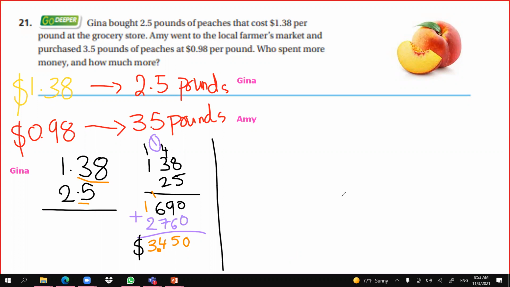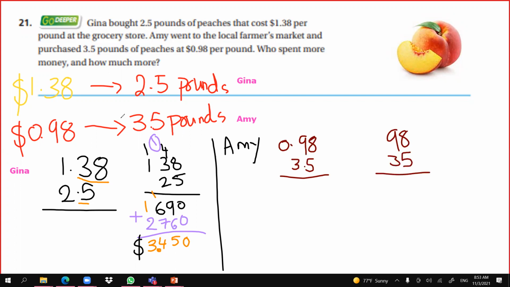I want now to find how much money Amy spends, or pays, for the peaches. What do you have to do? By 3.5. Bravo.